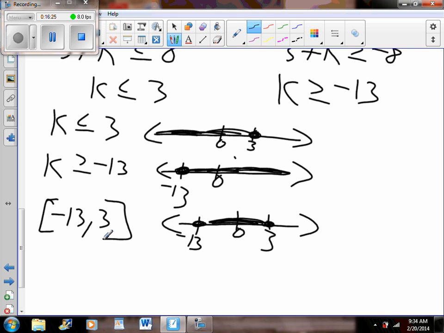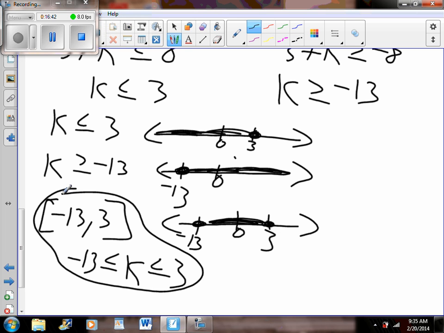Or you could state it like this. You could put k in the middle. So k is going to be greater than or equal to negative 13, and less than or equal to 3. Either one of these would work.